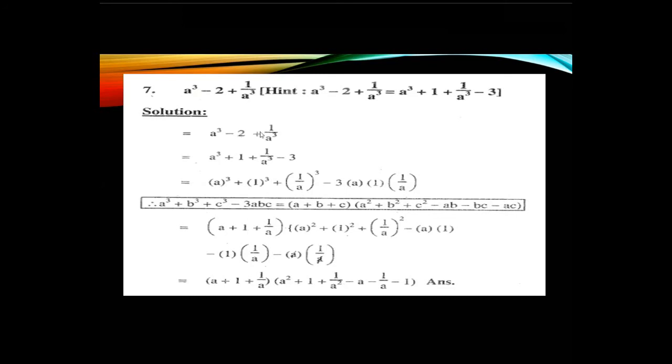Okay, in this question the hint is minus 2. Instead of minus 2, we'll use the two factors plus 1 and minus 3.